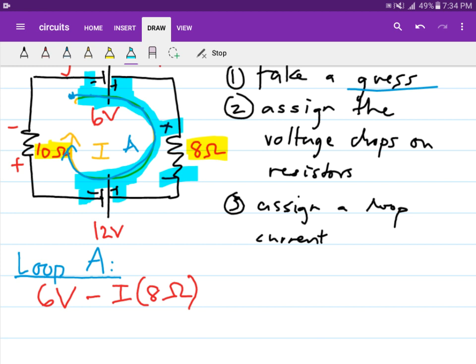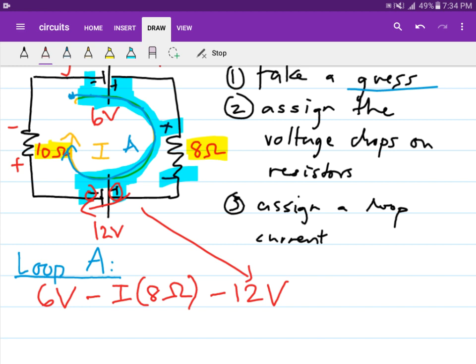So in the perspective of loop current A, it experiences a voltage drop. So we write this in the loop rule as minus 12 volts. Why minus 12 volts? Because loop current A is in this direction and it first encounters high to low. That's why we have minus 12 volts or voltage drop.